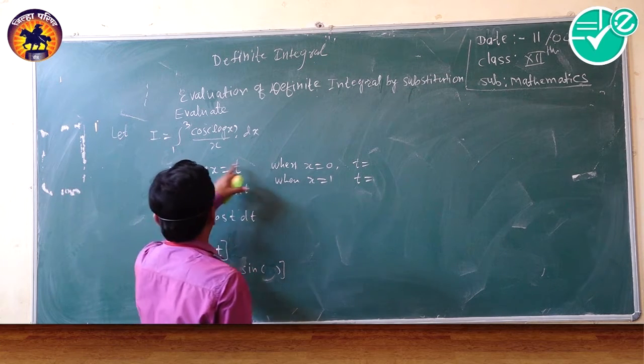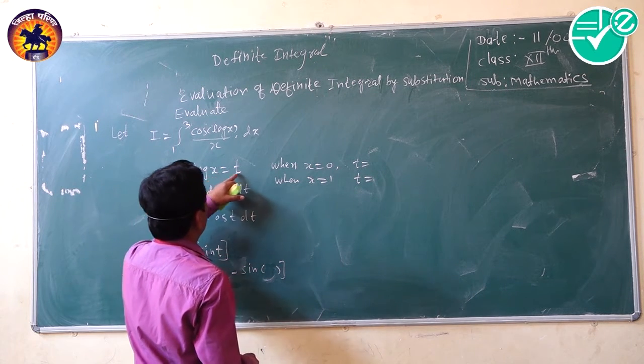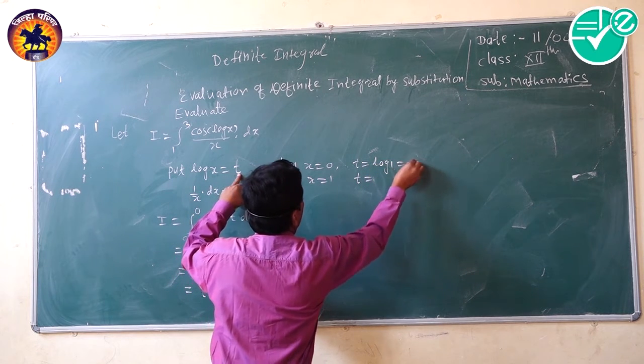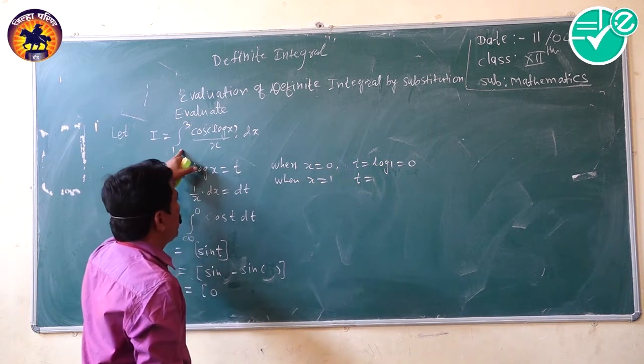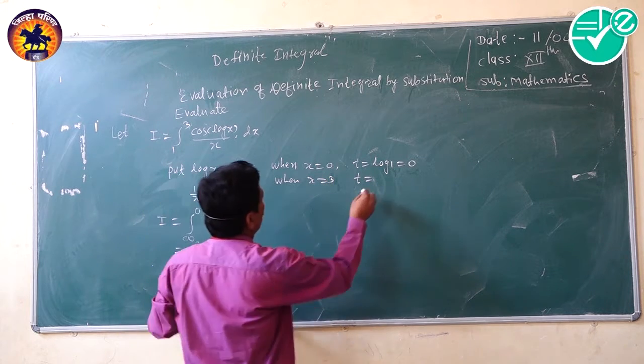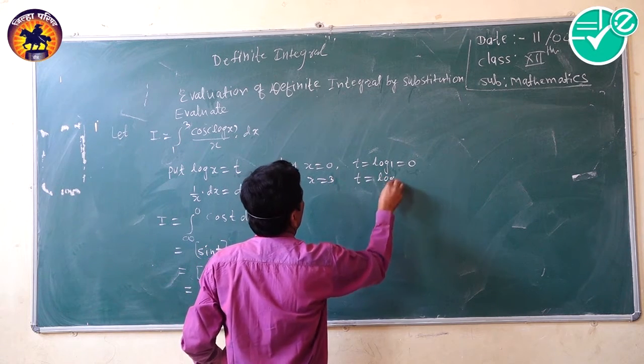Now when x is equals to 1, that is t is equals to log of 1 is equals to 0, and when x is equals to 3, t is equals to log of 3.